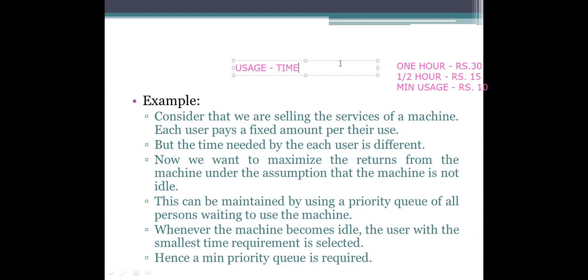So here I clearly mentioned what happens if I am using 1 hour, exactly 1 hour or nearly 1 hour. It is charged 30 rupees here. That means if I am leaving that place after 30 minutes, I need to pay 30 rupees there.